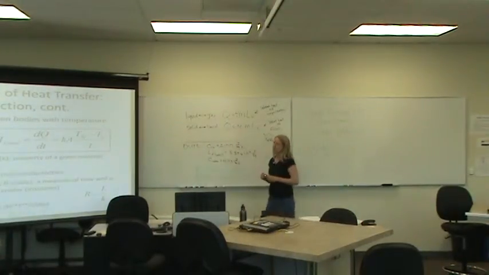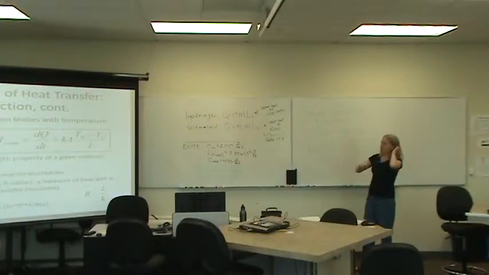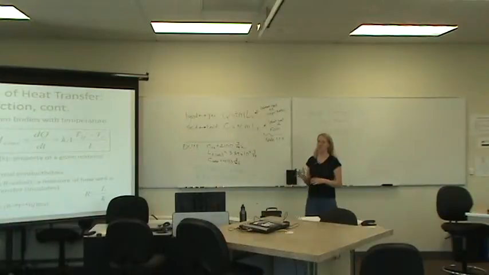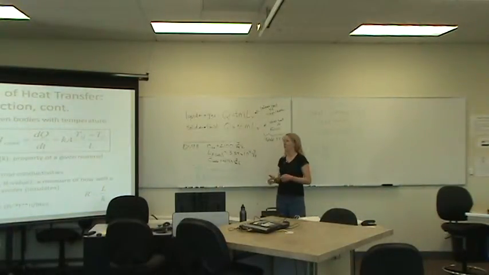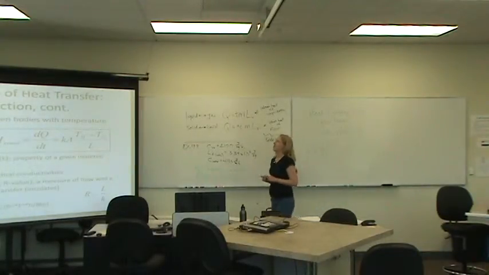So the heat current of conduction is K A (T hot minus T cold) over the length. K is a new variable called thermal conductivity, and that's just a property of the material that describes how quickly the heat is transferring from one side to another. It's got units of watts per meter times Kelvin.